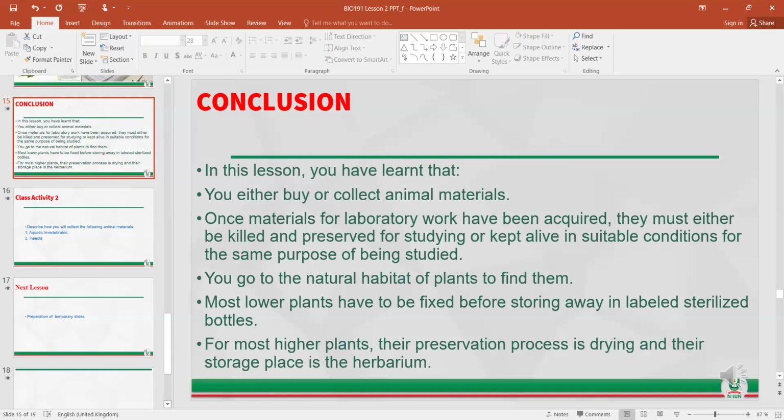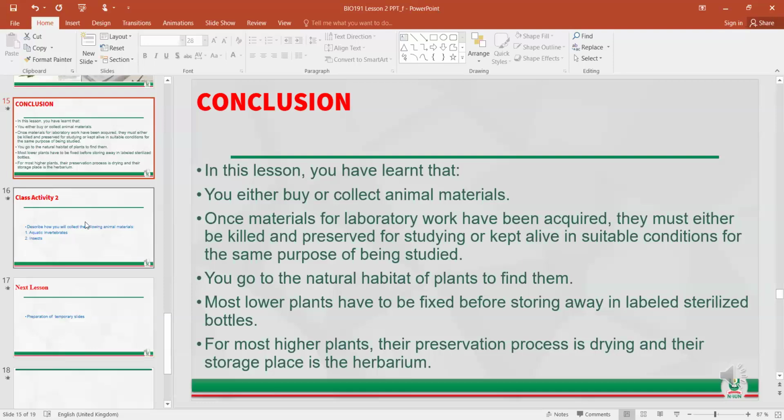You go to the natural habitat of plants to find them. Most lower plants have to be fixed before storing away in labeled sterilized bottles. For most higher plants, their preservation process is drying and their storage place is the herbarium.